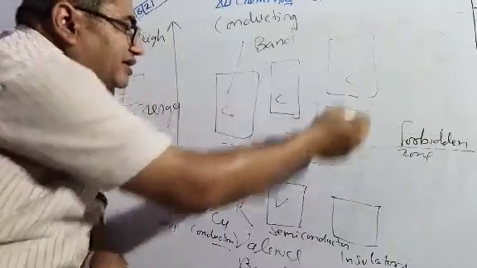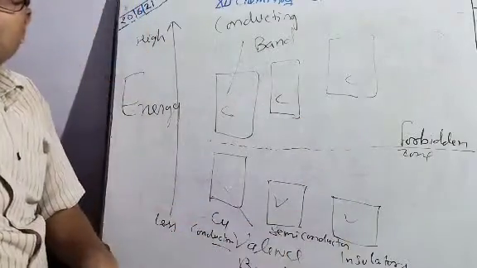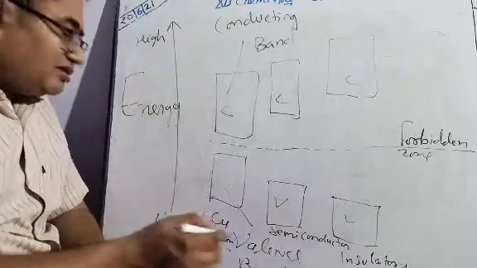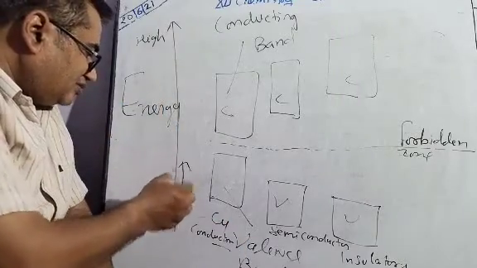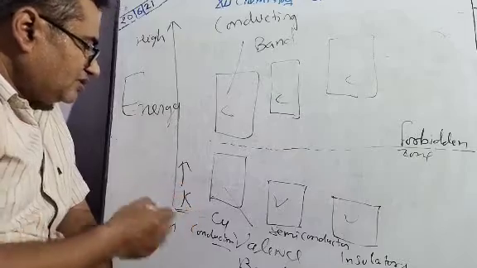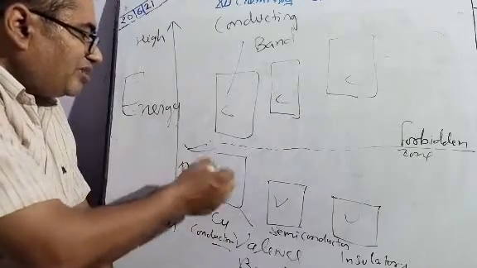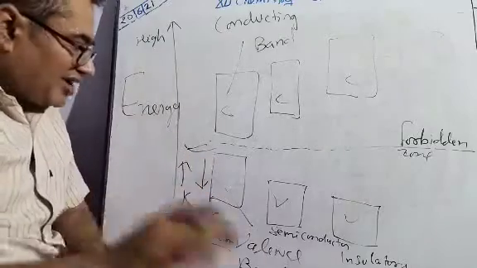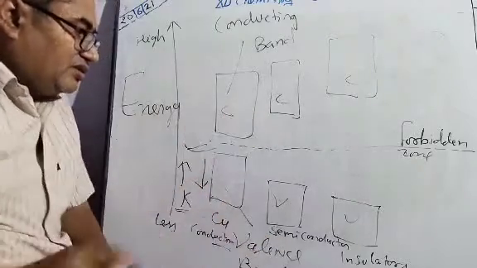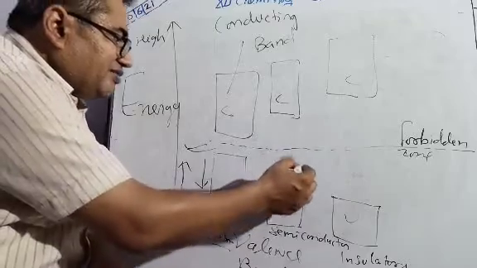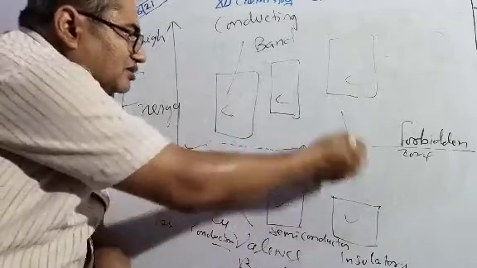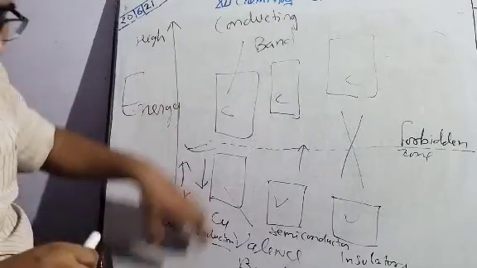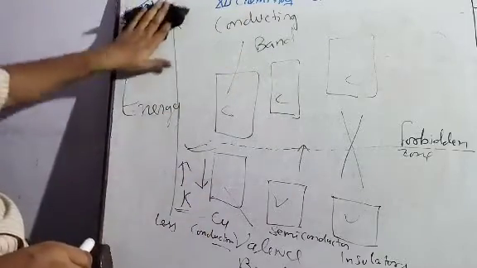These are the conduction band, these are the valence band. But an important topic is that whenever we increase the temperature in Kelvin, the conductivity of a metal decreases, while whenever we heat up a semiconductor, conductivity will increase. These are the insulators.